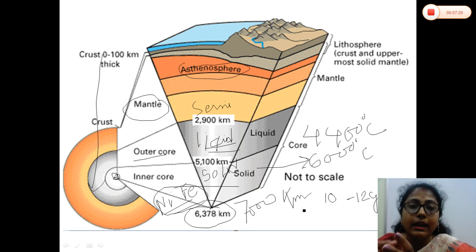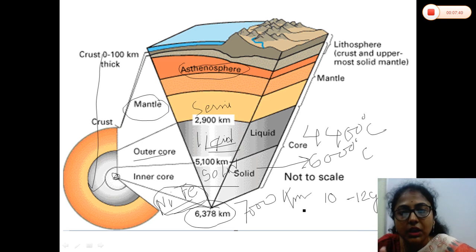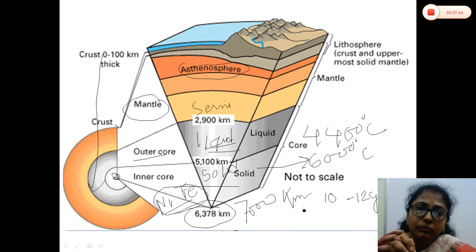As Sial is moving on the Sima, you all know Sial is the lighter part of the crust than the Sima. So Sial is moving above Sima, and like that continents are moving on the oceans, drifting apart from each other. So this is called the continental drift theory.